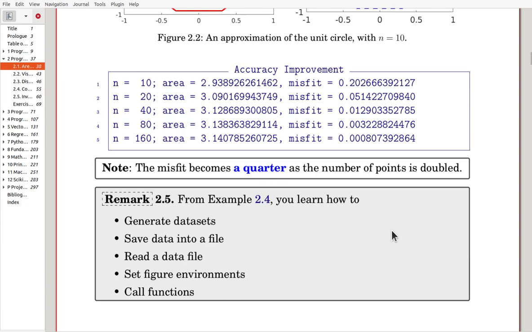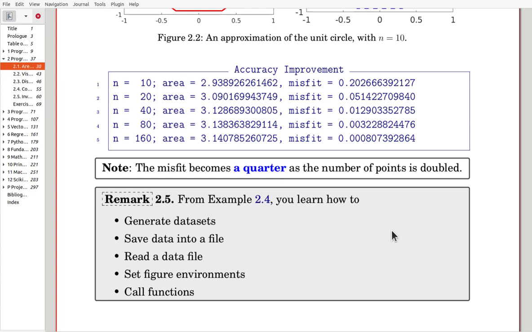Okay. From this example, you learned how to generate a data set, save the data into a file, and read a data file, and also when we plot the data, we should set the figure environment, so you learned how to set the figure environment, and also how to call functions.